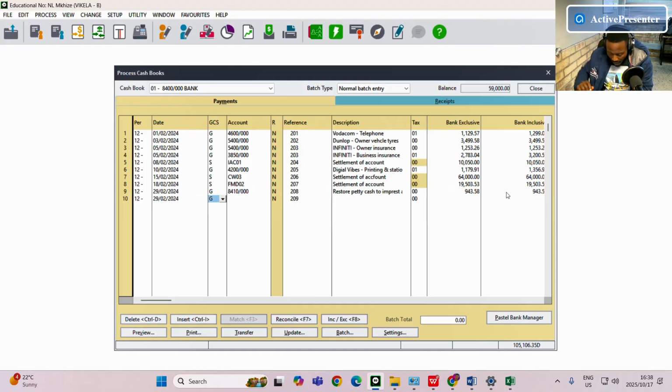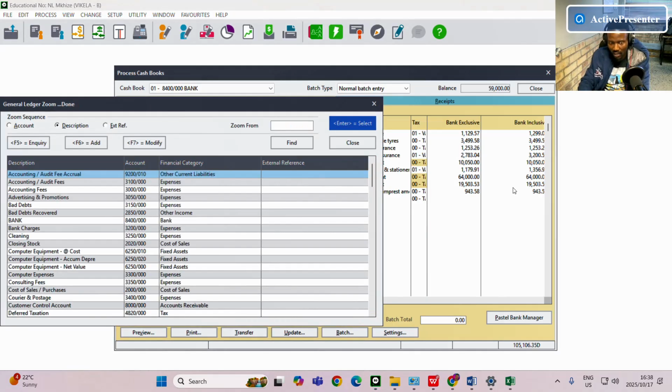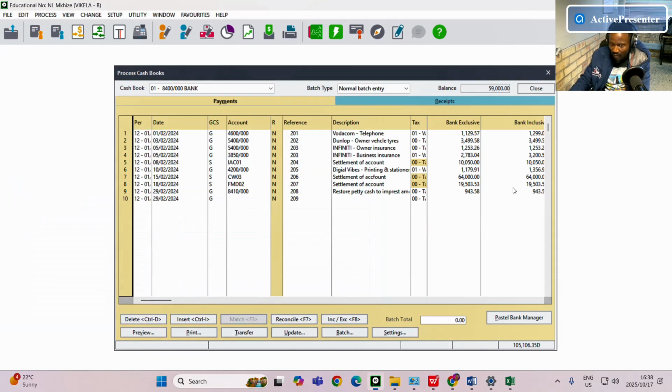Okay. Now it says Adriana Pillay salary for Feb. Salary for Feb. So obviously that goes under salaries and wages. It is, yes, it is 209. And I'm going to write the name of the payee, which is Adriana Pillay.